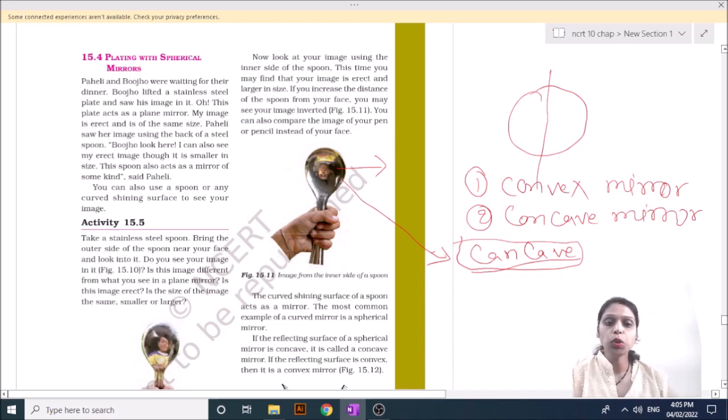Whereas we use convex mirrors for automobile side mirrors.